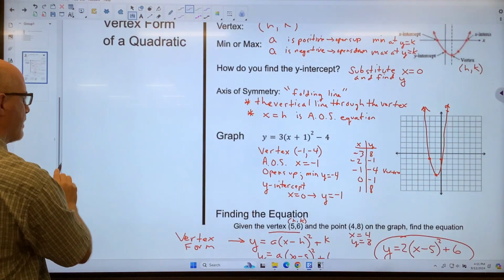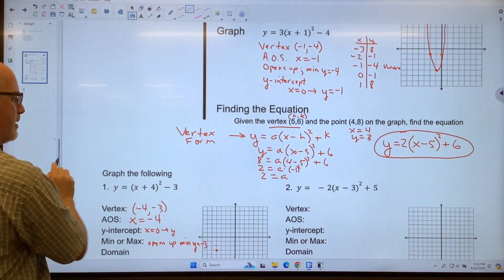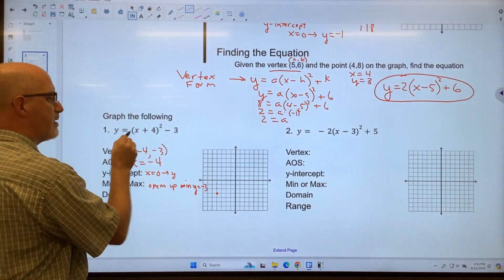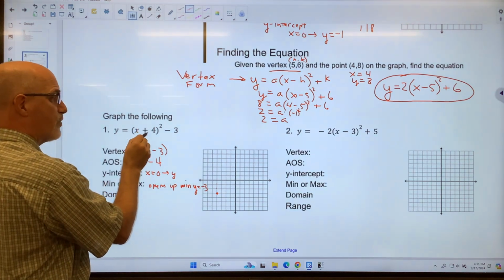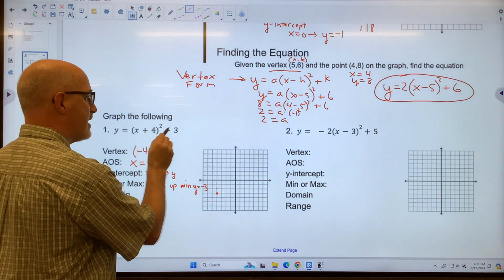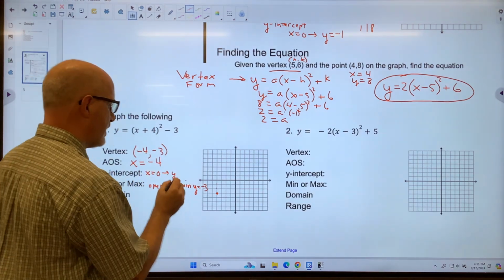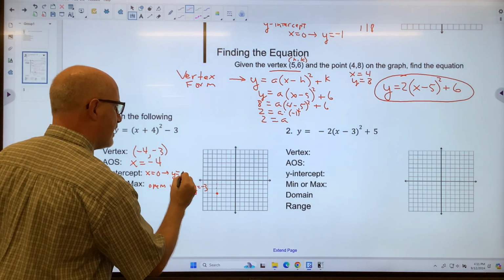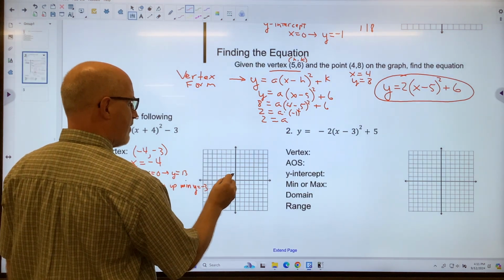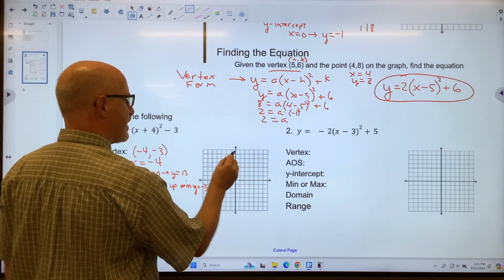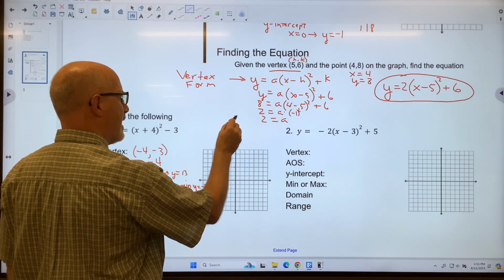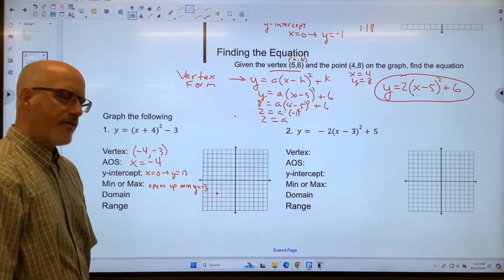Okay, so if we put in 0 for x, we get 0 plus 4 is 4. 4 squared is equal to 16. 16 minus 3 is equal to 13. So this is going to be a 13, which is way up off my graph up here. So I'm going to have 1, 2, 3, 4, 5, 6, 7, 8, 9, 10, 11, 12, 13. It'll be way up here somewhere, okay, for that.